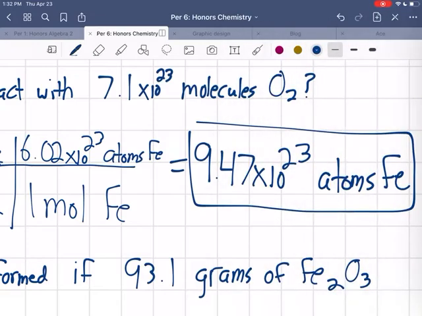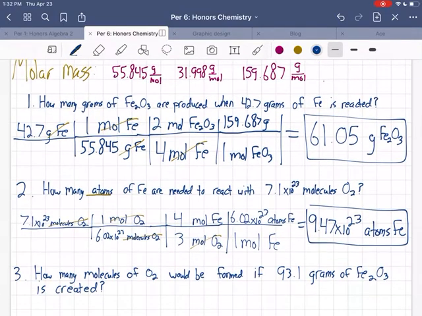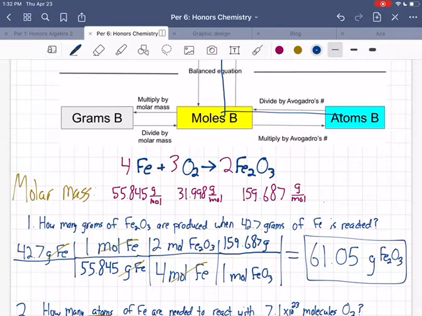Okay. Last problem. How many molecules of oxygen would be formed if 93.1 grams of iron oxide is created? So we are going from iron oxide to oxygen. That means we're going from here to here.